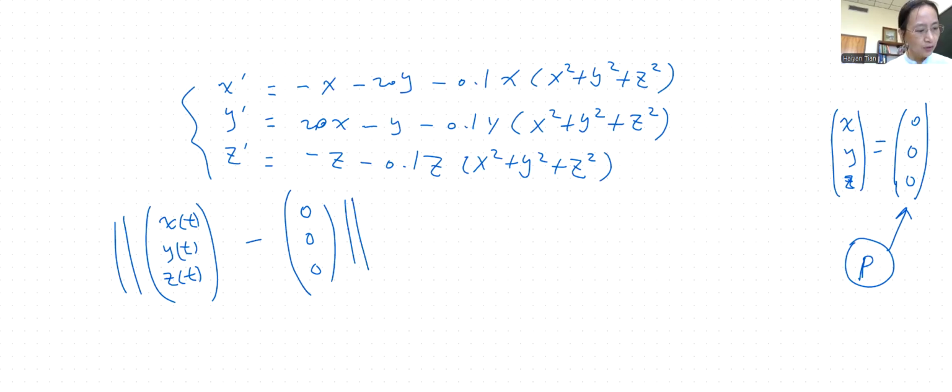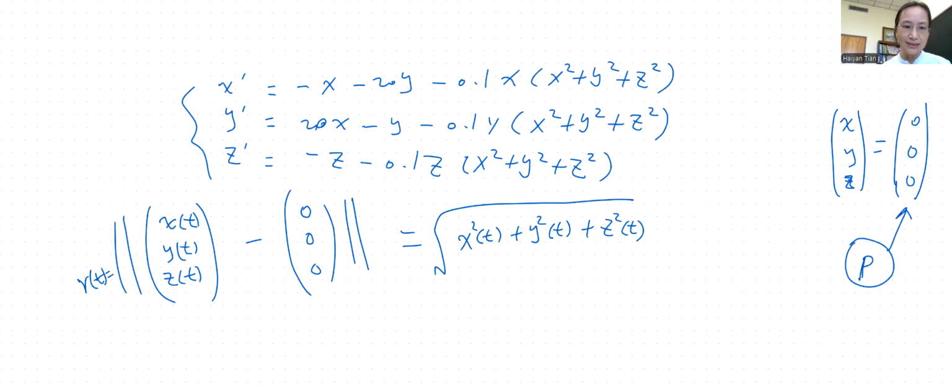Let's give a name to this distance. That is r, which is the square root of x squared plus y squared plus z squared.